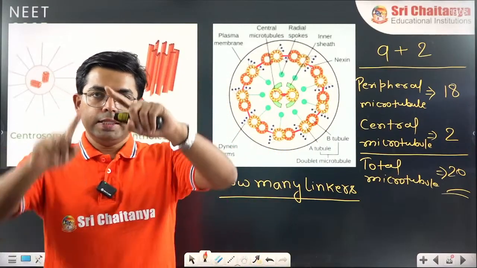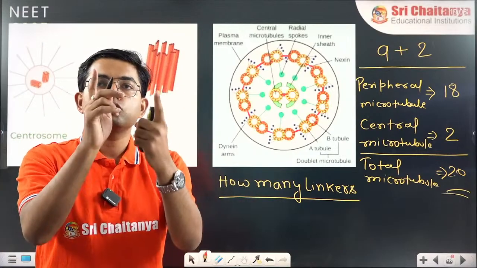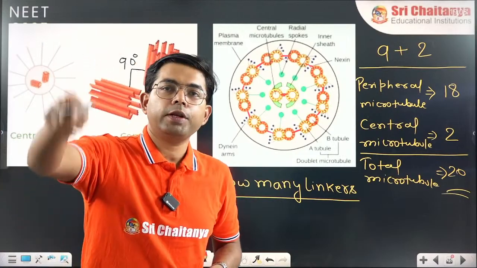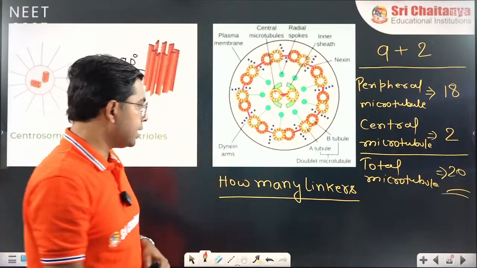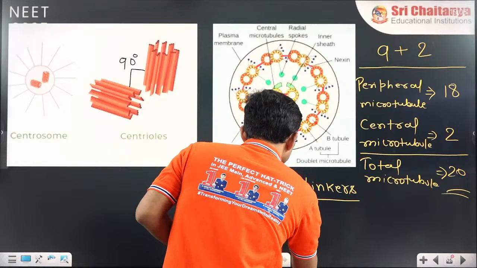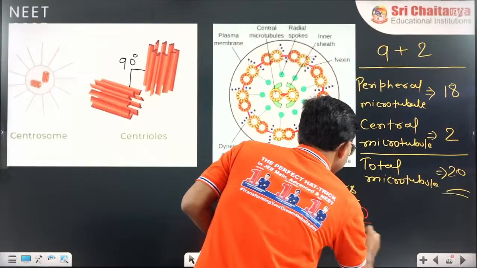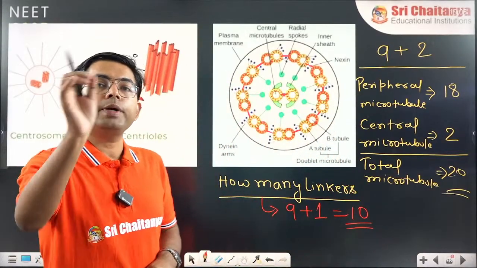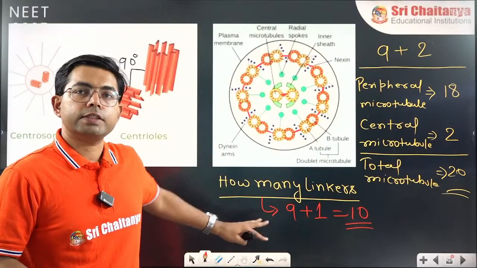Understood or not? There are 9 doublets and in a circle they are connected. So 9 doublets will have 9 peripheral linkers and 1 central linker. So total linkers, can we say how many? 9 plus 1, that is 10 linkers. So if the question is asked how many linkers, you will say 10: 9 peripheral and 1 central.